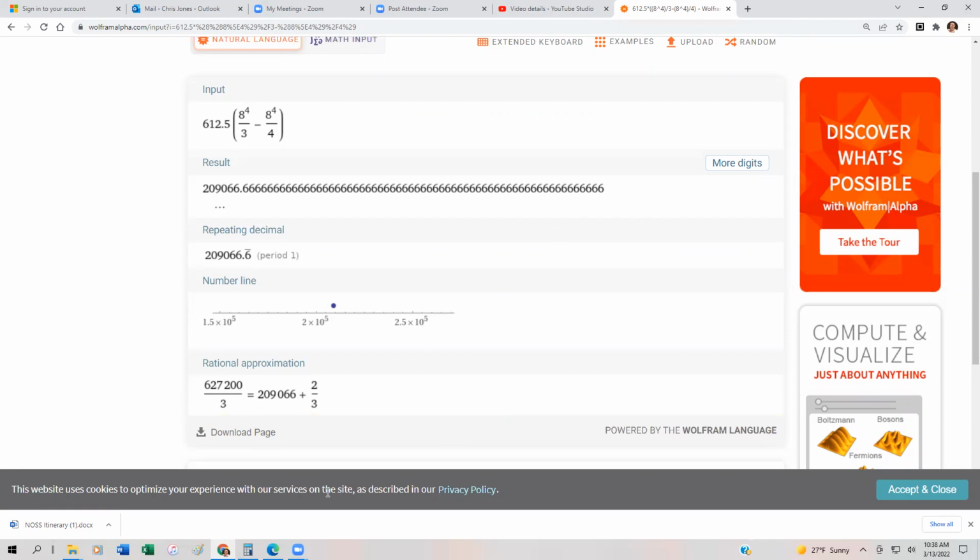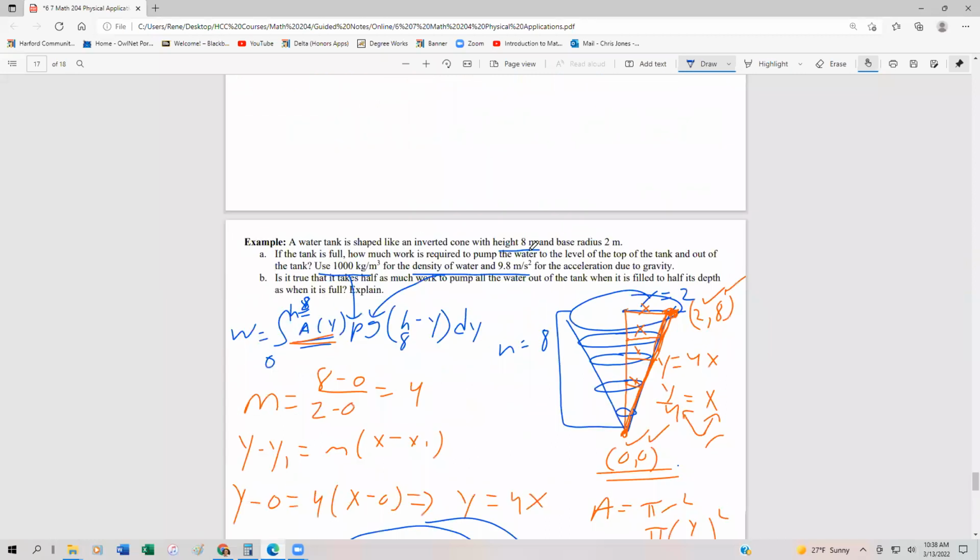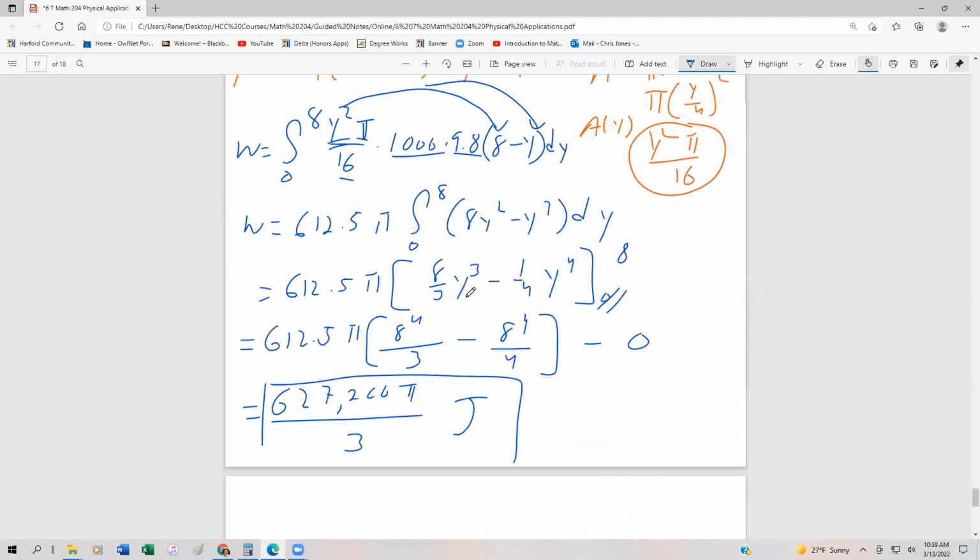So it's going to be 627,200 pi divided by 3. All right, so that's the exact value. And the unit will be in joules. Notice that everything is in meters, and also kilograms, cubic meters, meters per second squared. So we have all the SI units, so it's going to stay in that SI unit.